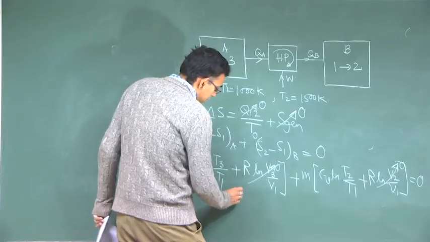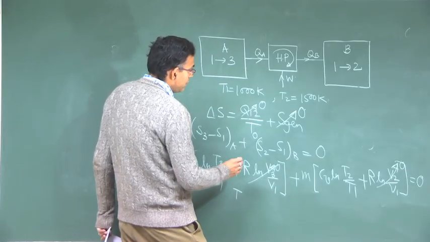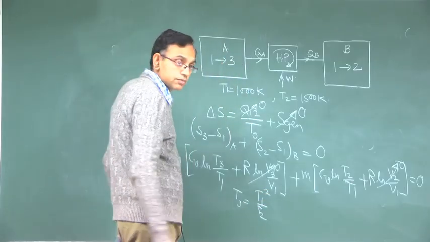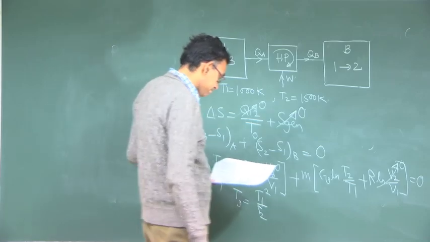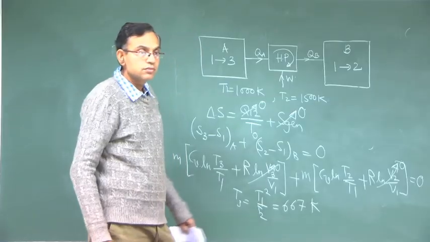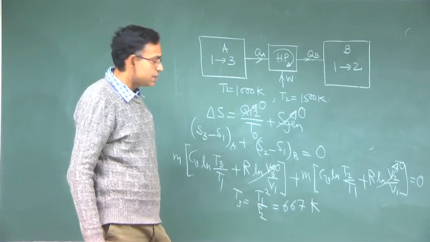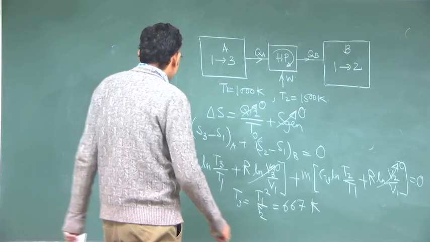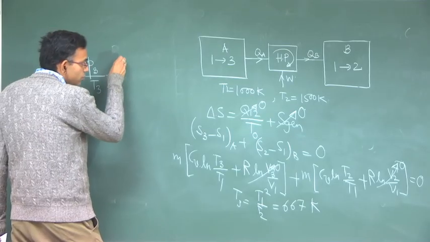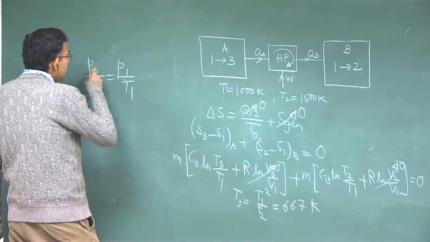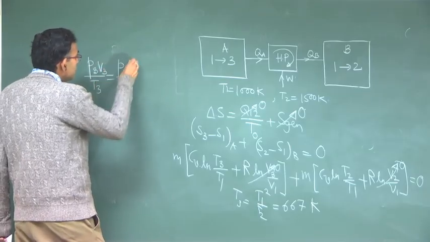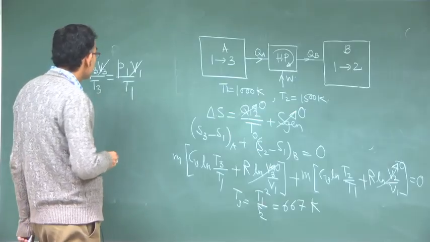So, you have T3 is equal to T1 square by T2, right. So, this will be 667 Kelvin, all right. Once this is 667 Kelvin, you can now use the ideal gas law, P3 by T3 is equal to P1 by T1. Actually P3 V3 by T3 is equal to P1 V1 by T1, V1 and V3 are the same. So, if you want I can write that and cancel if it helps you.